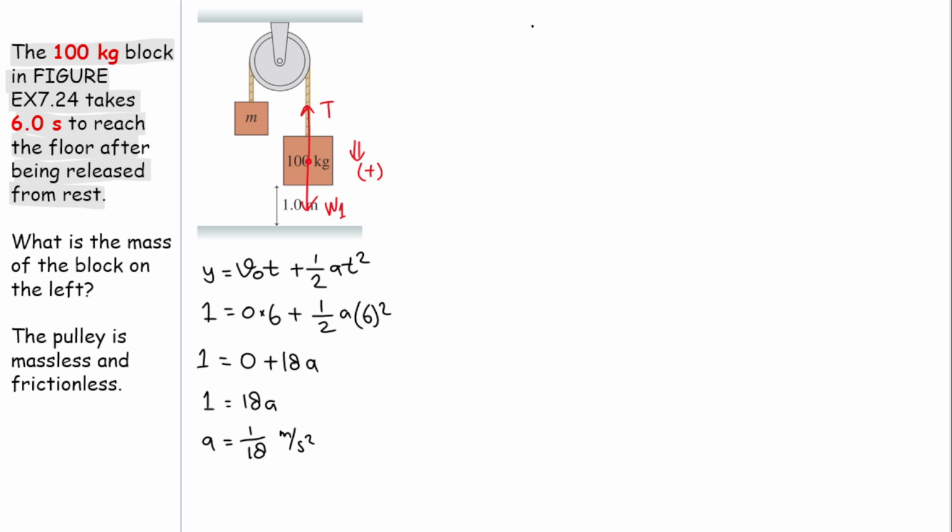Okay, now let's apply Newton's second law to this block here. So I will have sigma F, the net force, is equal to the mass times acceleration. We have the weight here pulling this down, so I'll have weight of 1. And then T here in the opposite direction, so I'll have minus T. And that will equal mass number 1 multiplied by the acceleration.